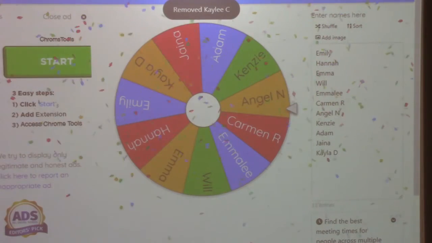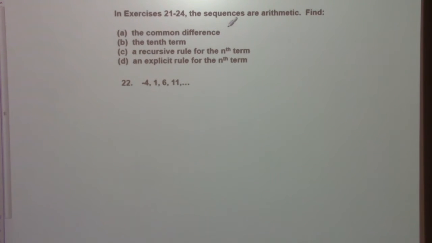Did we have to find C? No, you don't have to find C. A is d equals 5. So d equals 5, okay? And part D is a sub n equals 4 plus 5 times n minus 1, and this is what Kaylee just told me to do, okay?